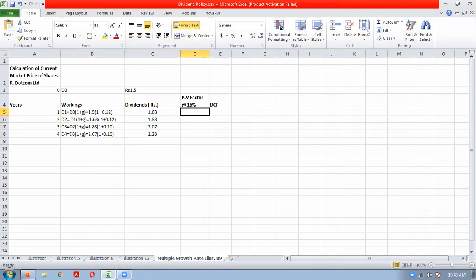Everybody have got these workings? So this is how to calculate the next year dividend based on the previous year dividend. This is how we will get the estimate of the dividends which will be paid in future based on the expected growth rates. Everybody comfortable this much? Yes or no?